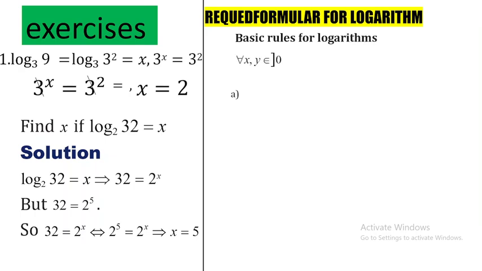So let's continue. The x is an element of the set of real numbers except 0 and negative numbers, and a will be an element of this expression. Let's continue to see the main formulas used in logarithm.